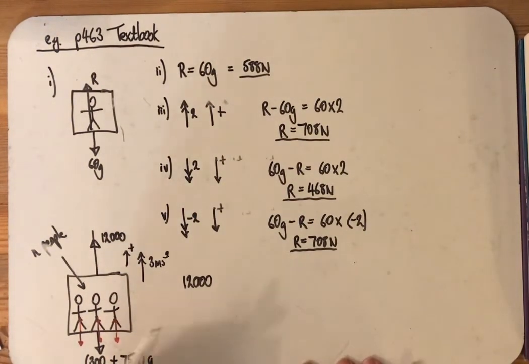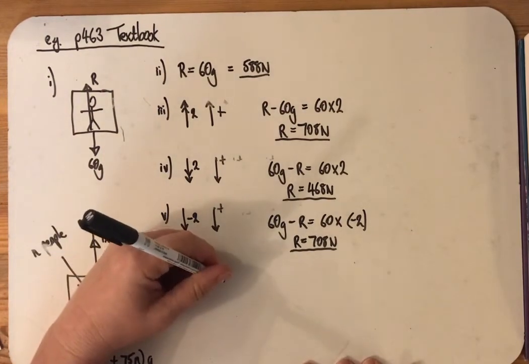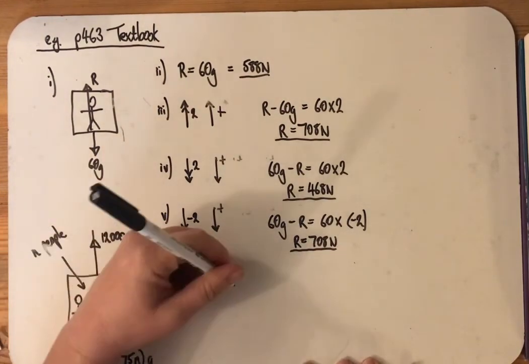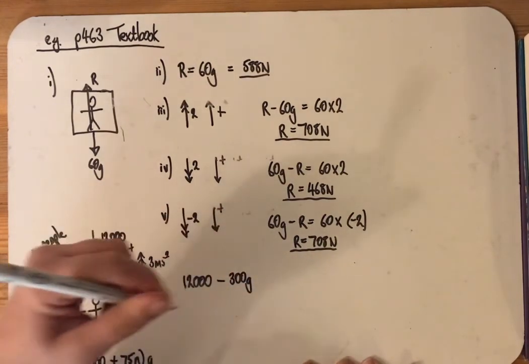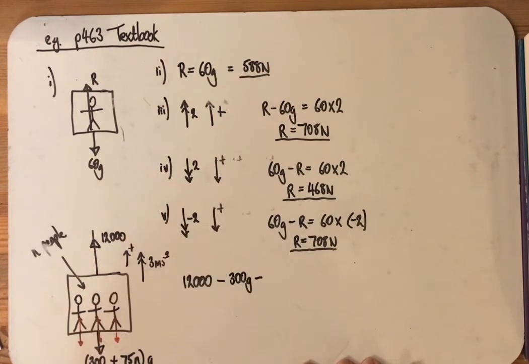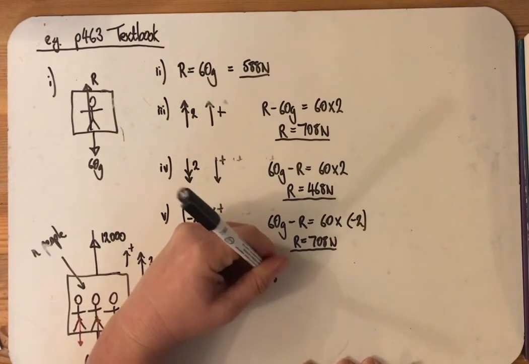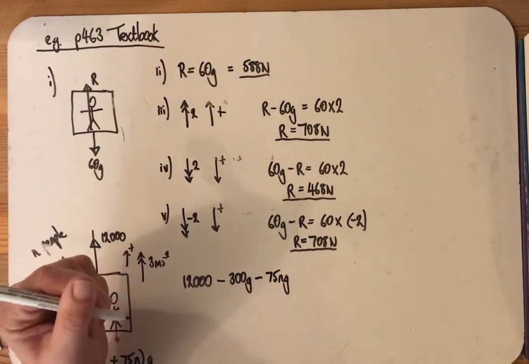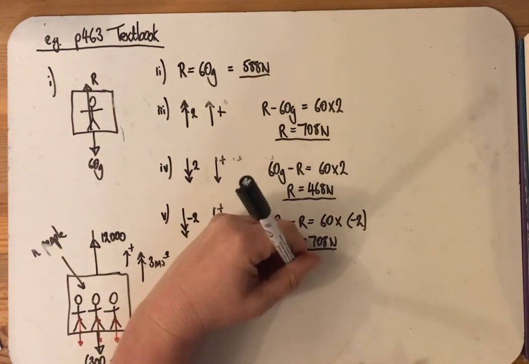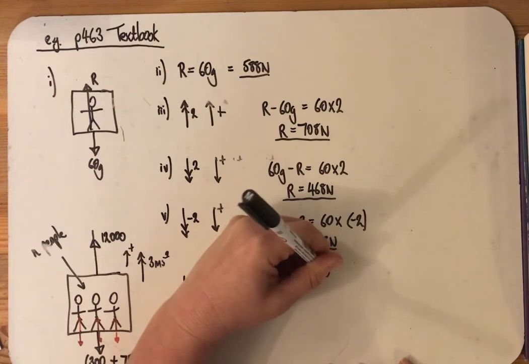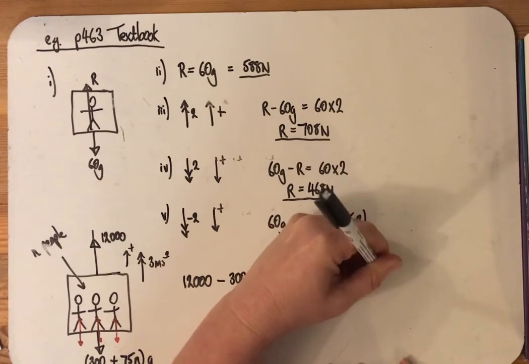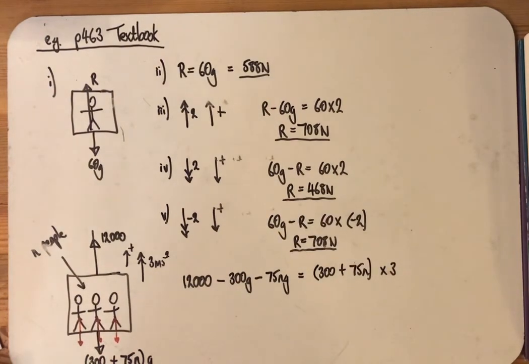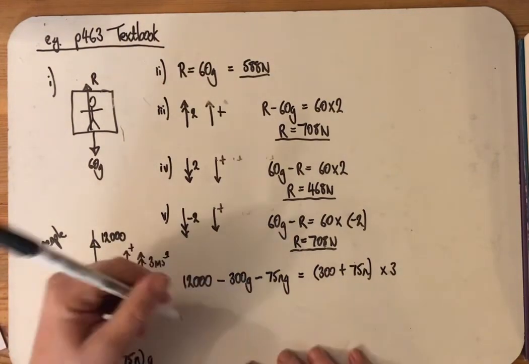So 12,000 minus 300G minus 75NG is equal to the total mass times the acceleration. It looks a bit complicated, but remember G is just 9.8, and once you plug in G, it actually comes out quite nicely.